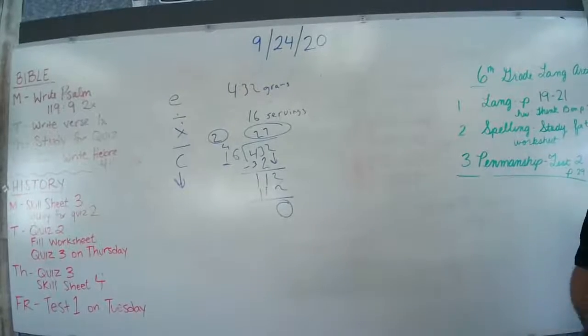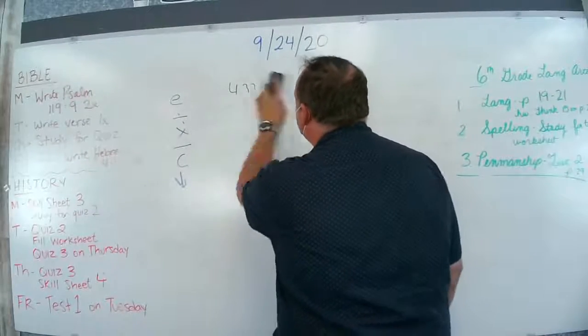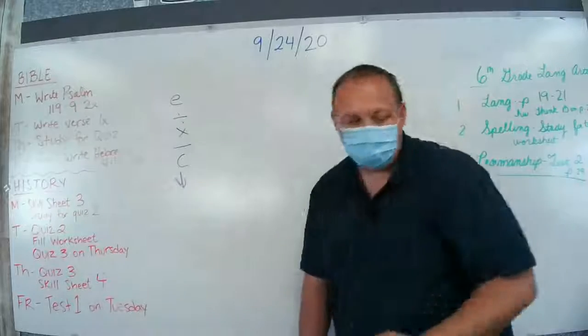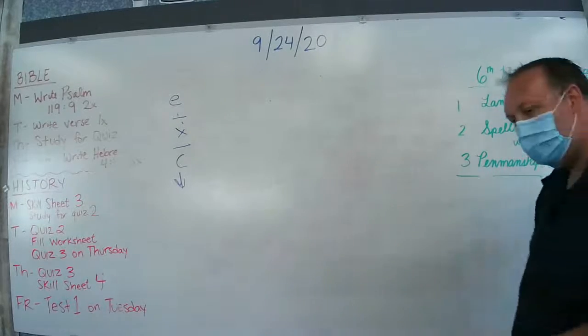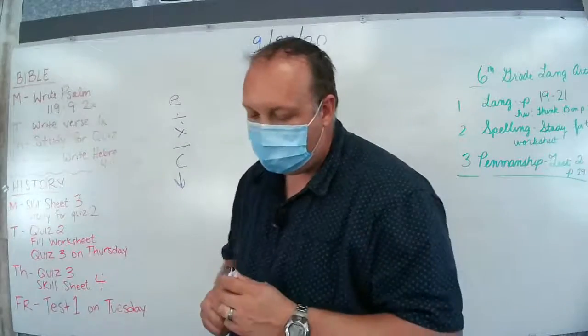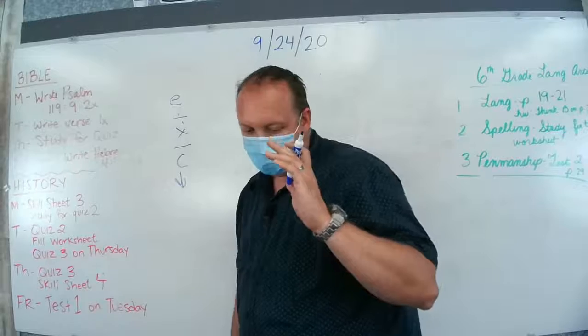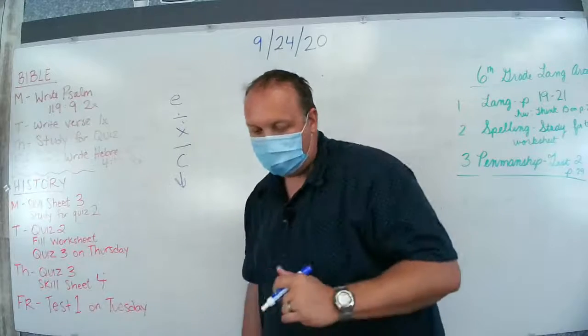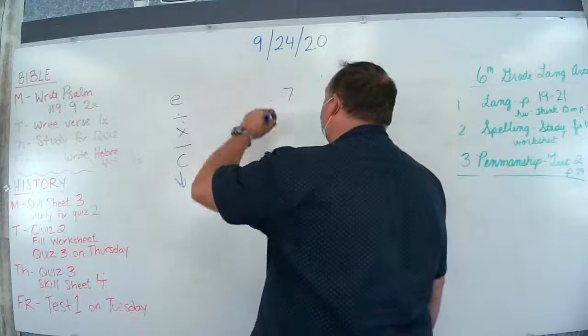So, if she is going to roast this turkey for 30 minutes per kilogram, how many kilograms are there? 7.